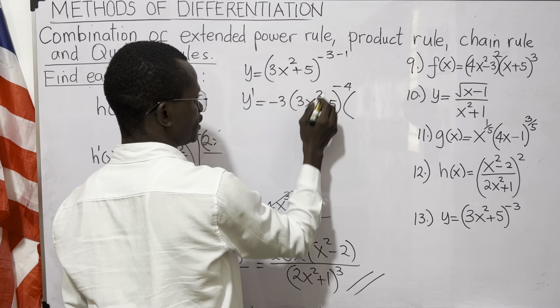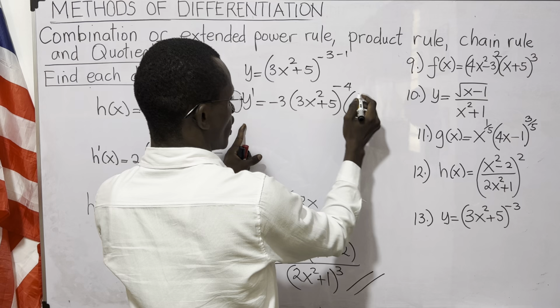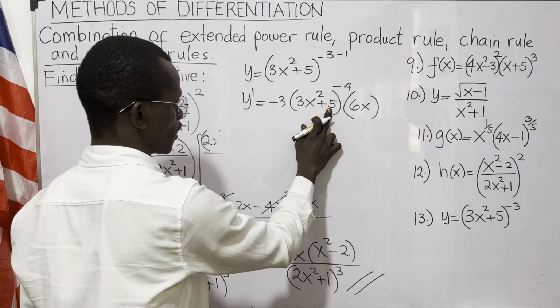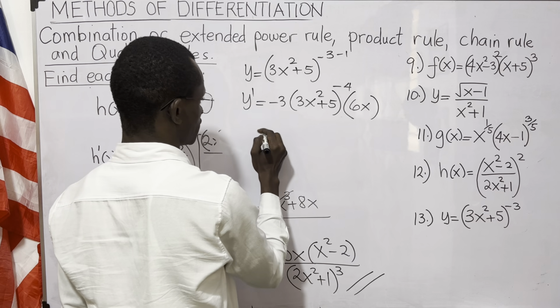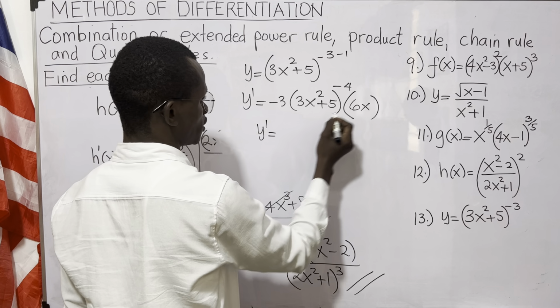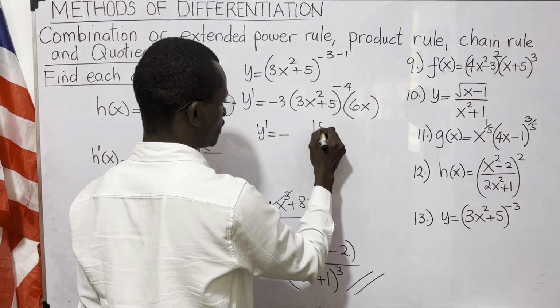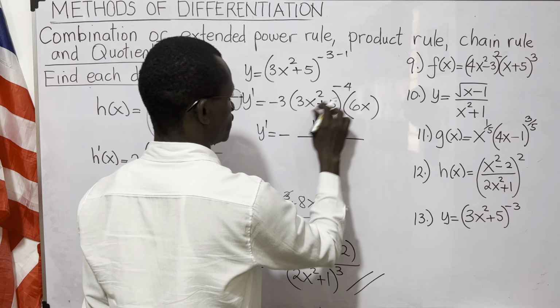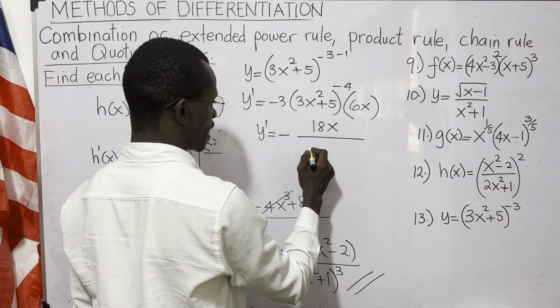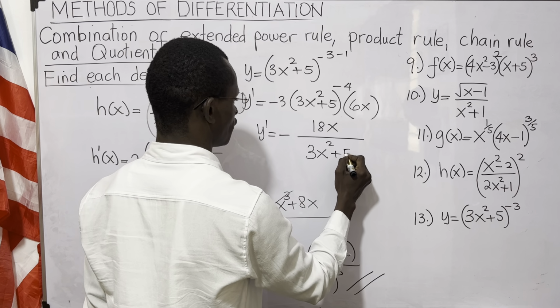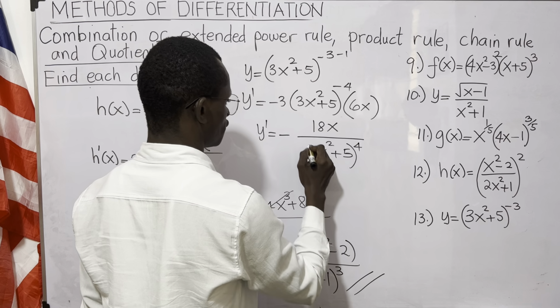Then we differentiate inside. 3x squared gives us 6x, and the derivative of 5 is 0. So we just multiply this and this. y prime is equal to negative 3 times 6, which is 18x, and then this power is negative, so we send it down in the denominator. So it's 3x squared plus 5 raised to the positive 4.